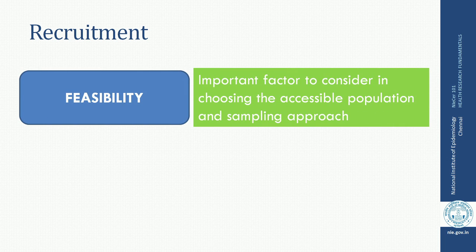Okay. So, let us see what the different recruitment strategies are and what has to be considered when we are recruiting study subjects in your study. What is recruitment basically? The most important factor whenever we recruit study subjects is feasibility, because feasibility is an important factor when we choose the accessible population and when we do a sampling procedure.